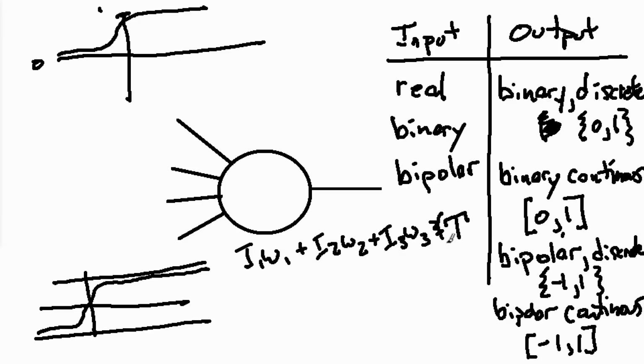Now, think about this number over here and think about what this might look like. Basically, what we're saying here is that if the sum is less than t, the output is 0. If this value right over here is t, then we draw a circle right over there, and it's 0 like that.